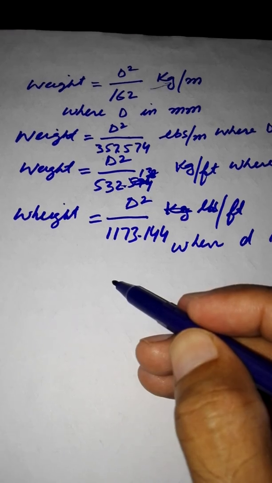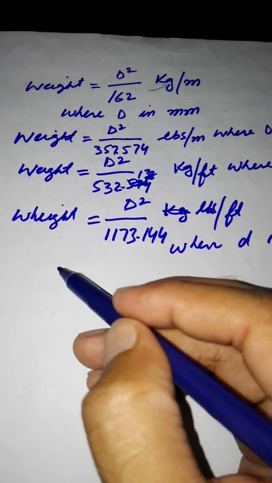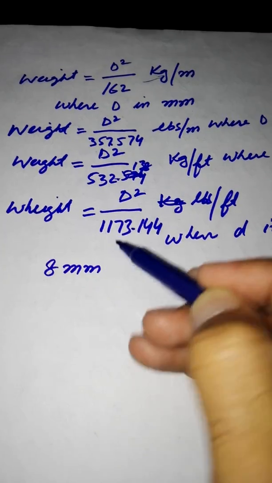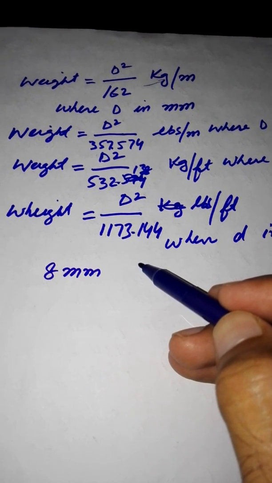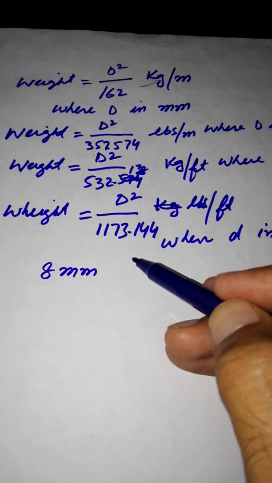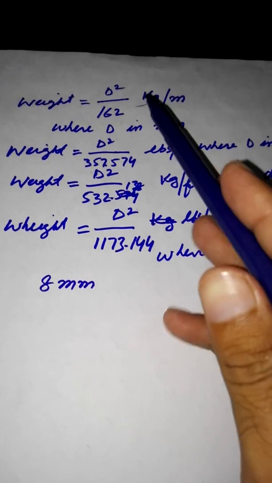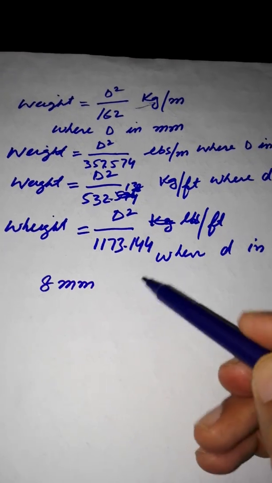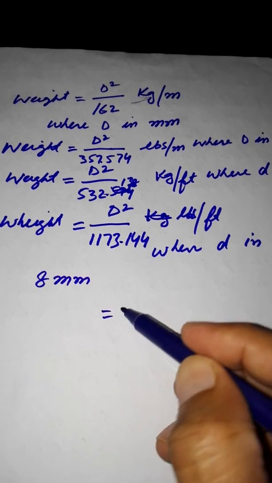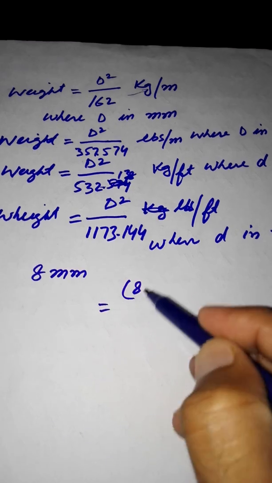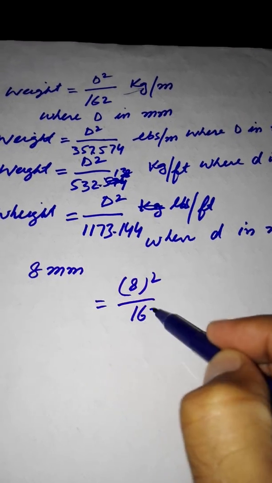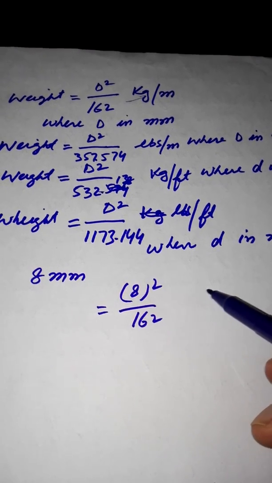So for example, if we have 8 die of steel, and we want to calculate weight in kilogram per meter, we will put die of steel, d square, 8 square divided by 162, and we can get kilogram per meter.